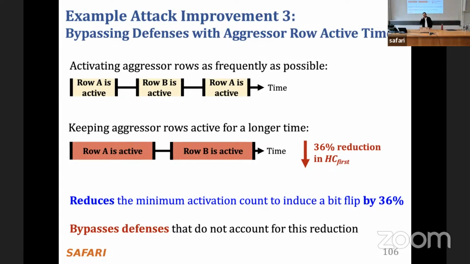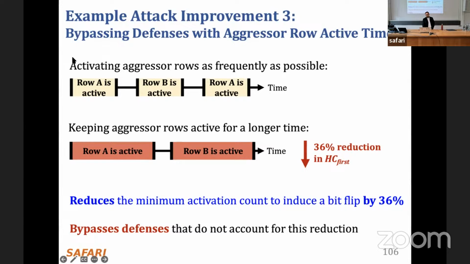Okay, so here's an example that we will talk about in detail tomorrow. It will be obvious soon why. We're comparing two access patterns here. Assume that these black vertical lines are the times where we have a row activation for the aggressor row.